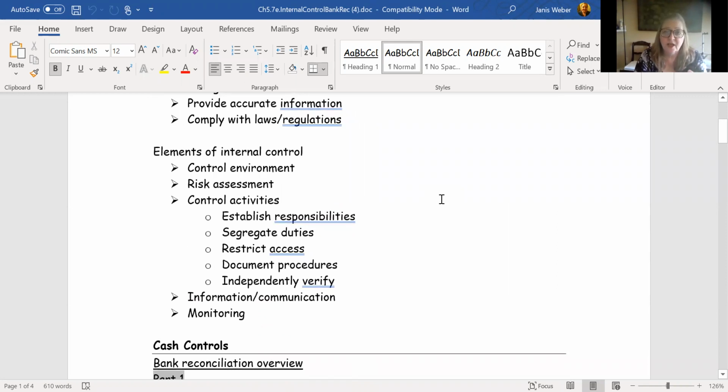So those would include establishing responsibilities where it's clear who's going to take care of this problem, and where the buck's going to stop, basically, who's going to be accountable if something goes wrong. And then segregating duties means, as much as possible, separate duties that allow risk. So for instance, if you have cash, you want to keep the person that's recording the cash separate from the person that is collecting the cash, if at all possible.